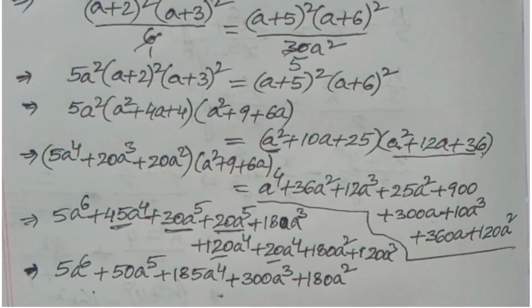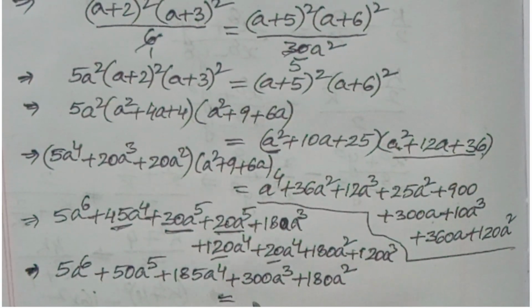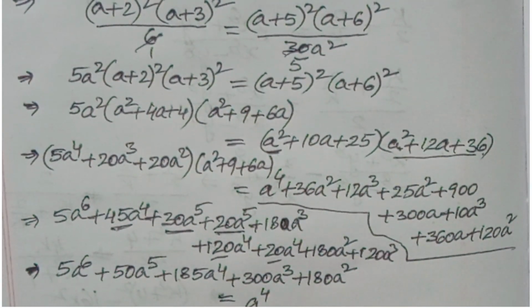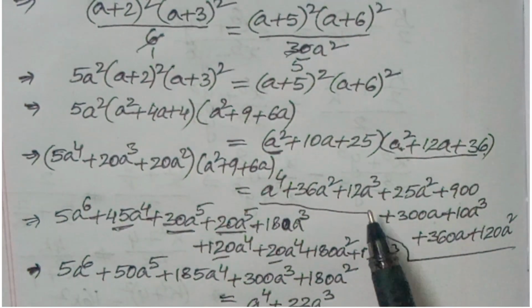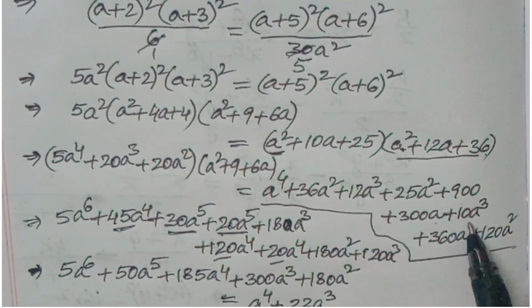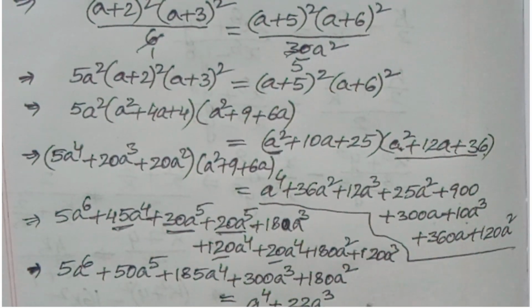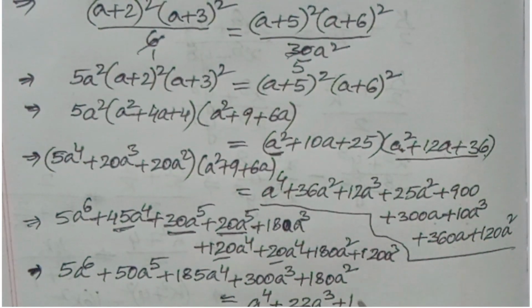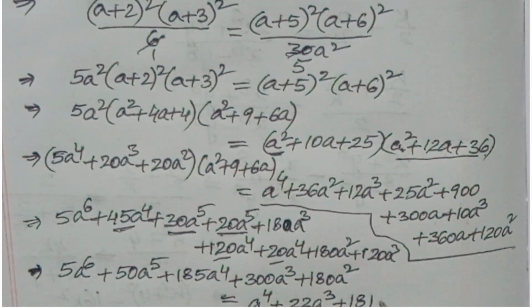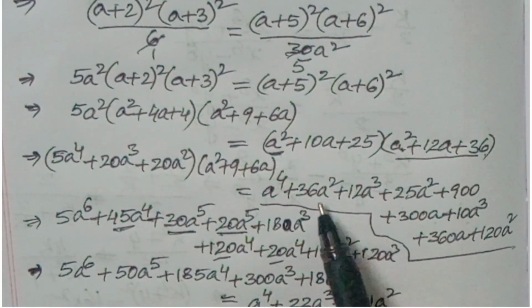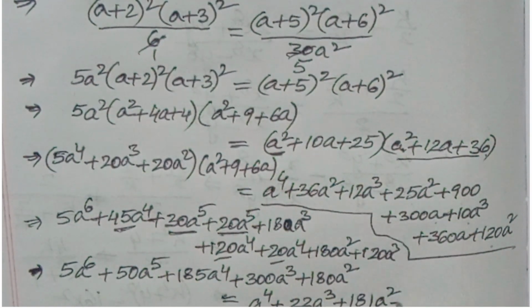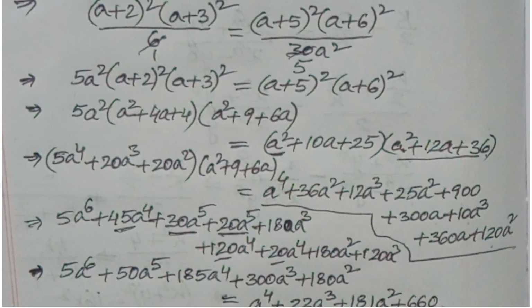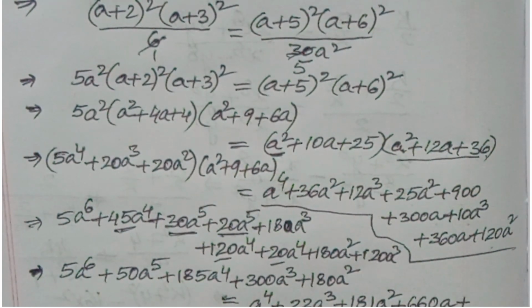So this is LHS. Now RHS will get a^4 plus 22a^3, here 12a^3 plus 10a^3, plus 181a^2, if you add 36, 25, 120, plus 660a plus 900.